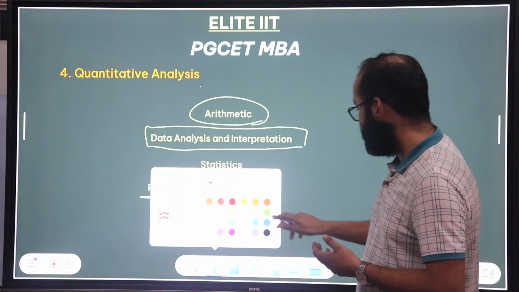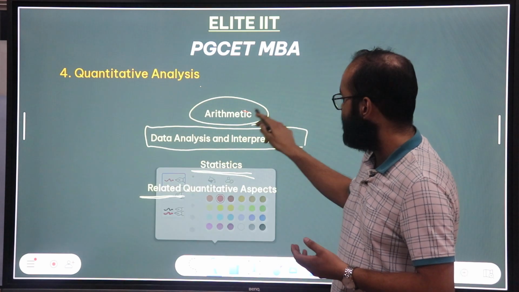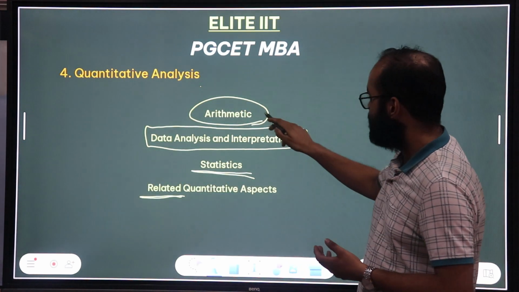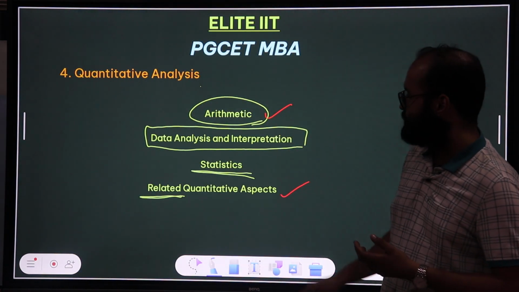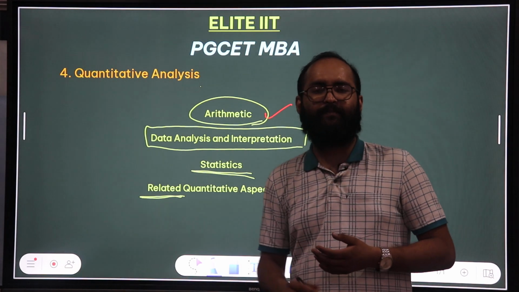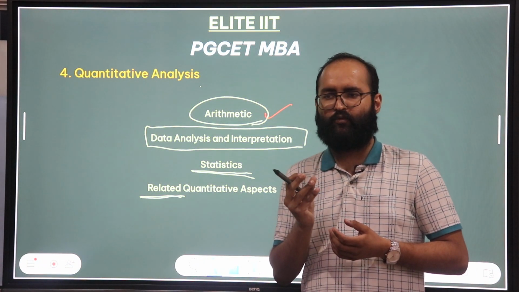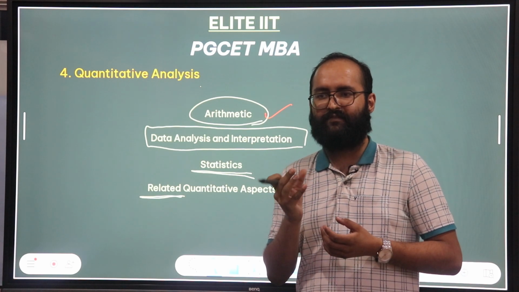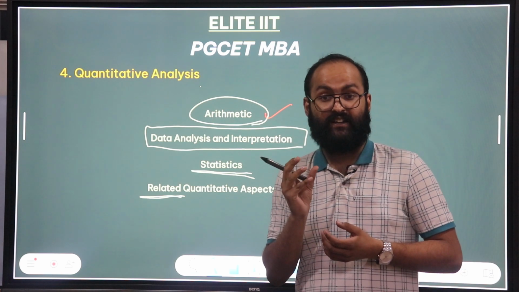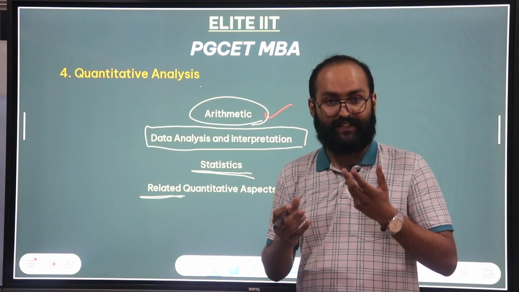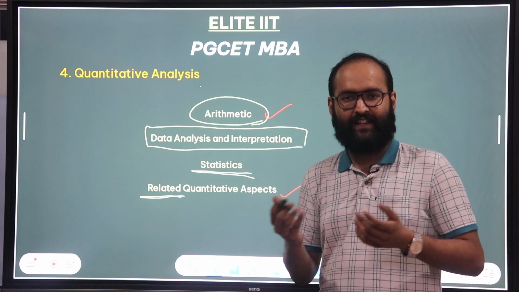The only two things that are somewhat vague are, first, arithmetic, and second, related quantitative aspects. In related quantitative aspects, they will be testing your knowledge of the basic quantitative ideas, the notions like ratio and proportion, percentages, average.